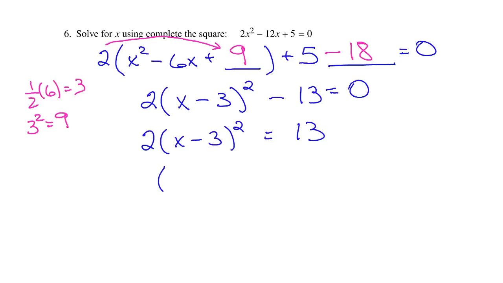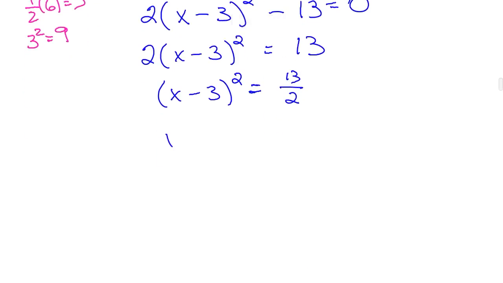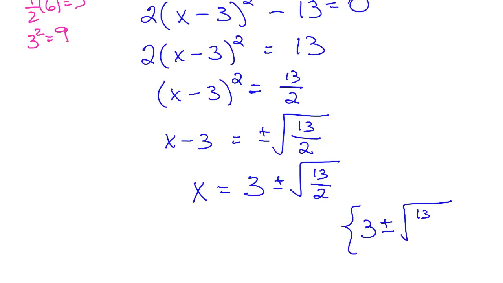Divide by 2. Take the square root. Use plus or minus. And then move the 3 to the right side. So the solution set is 3 plus or minus the square root of 13 over 2 inside the square root.